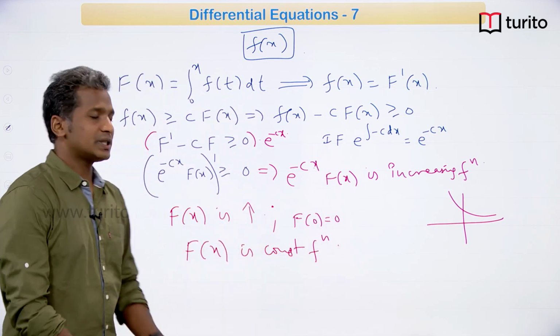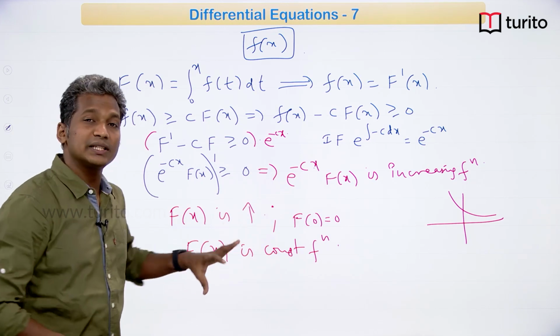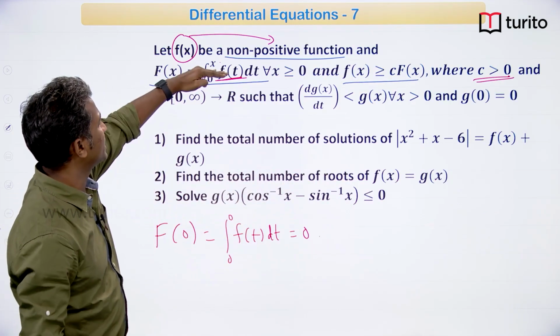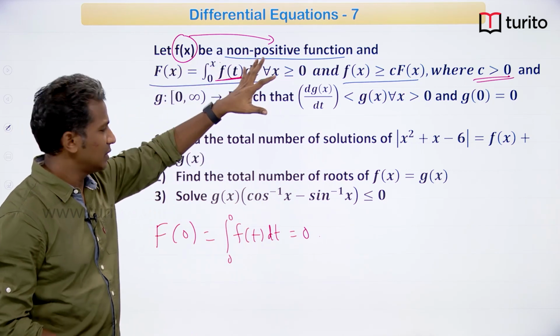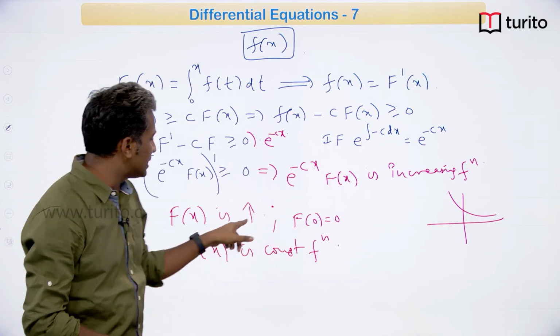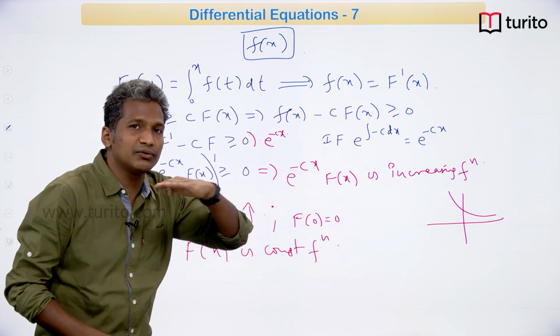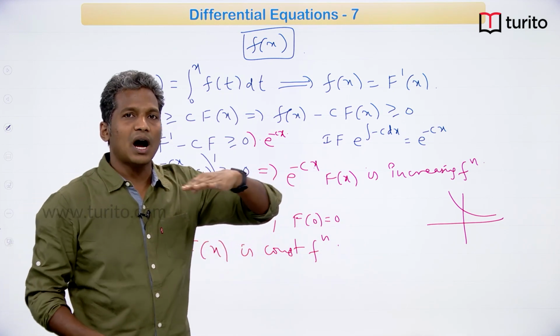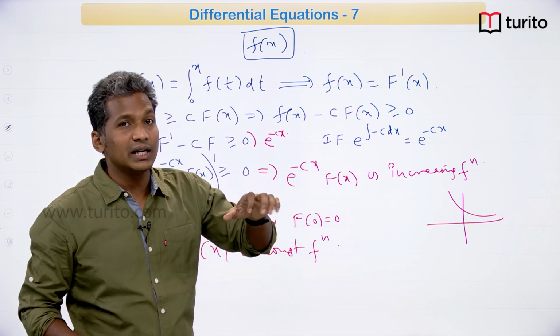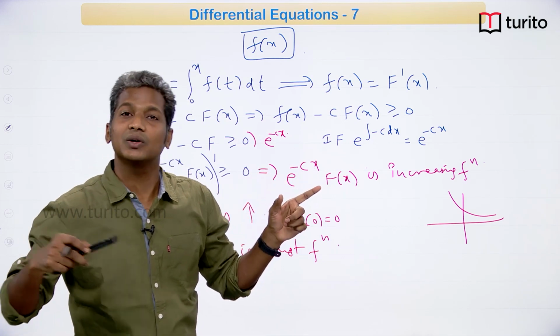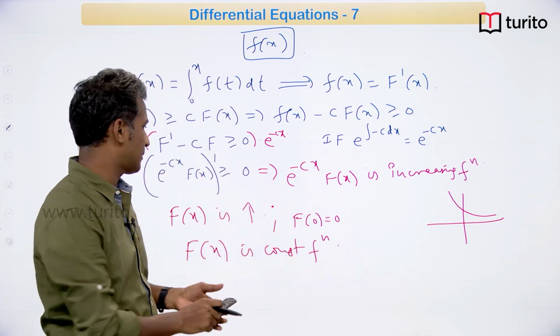Okay, because capital F of x can never be positive, that is what this statement told me. Its integral is either negative or 0, and here it says it is an increasing function, but it has to start from a level of 0. After 0 it has to be always negative or 0 and it has to be an increasing function, so it must be a constant function. I hope this is clear.